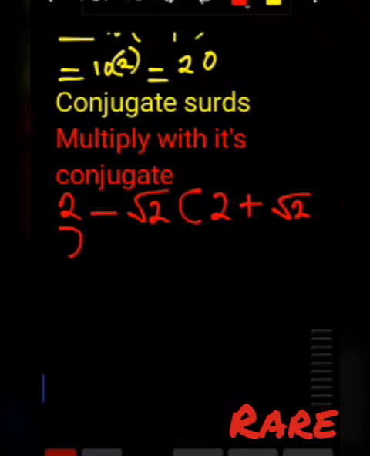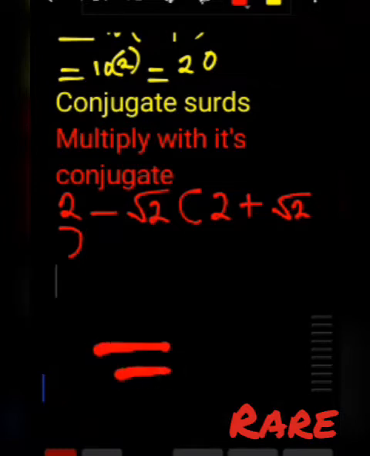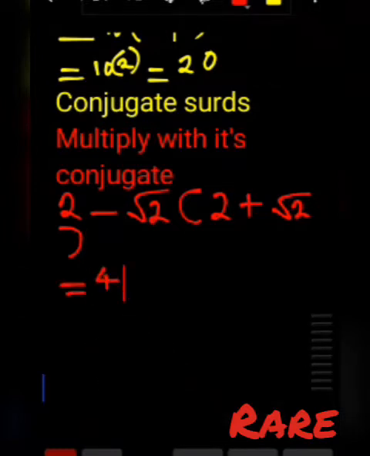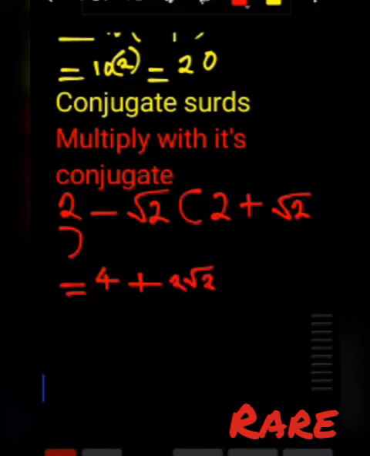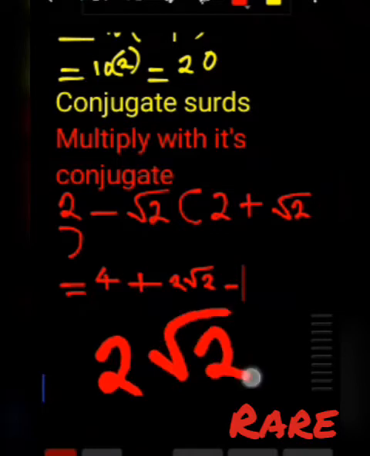Multiplying this, you're going to have 4. When you multiply 2 times the root of 2, that will be positive 2 root 2. When you multiply negative root 2 by positive 2, we are going to have negative 2 root 2.